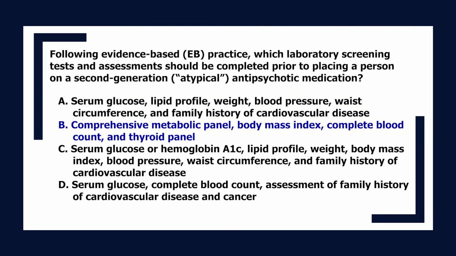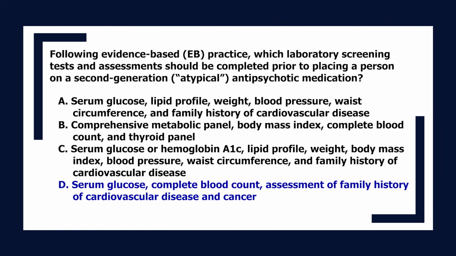B. Comprehensive metabolic panel, body mass index, complete blood count, and thyroid panel. C. Serum glucose or hemoglobin A1C, lipid profile, weight, body mass index, blood pressure, waist circumference, and family history of cardiovascular disease. D. Serum glucose, complete blood count, assessment of family history of cardiovascular disease and cancer.